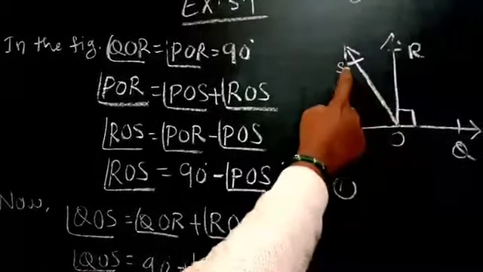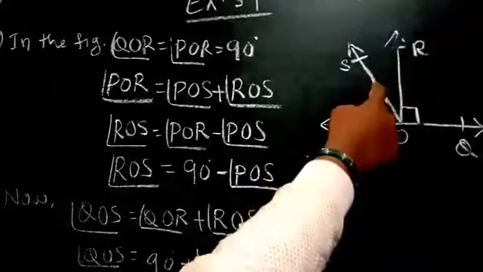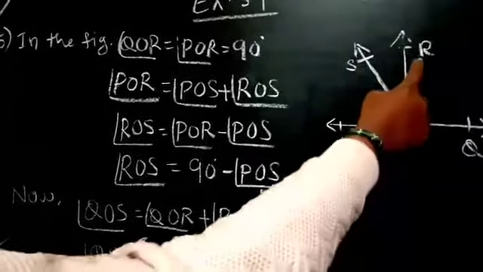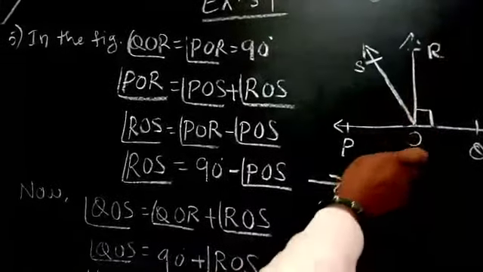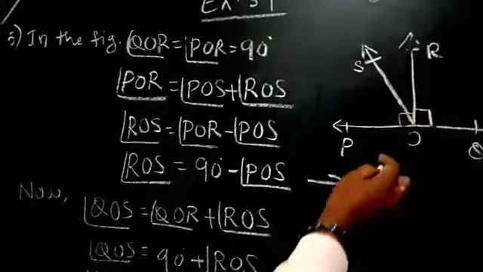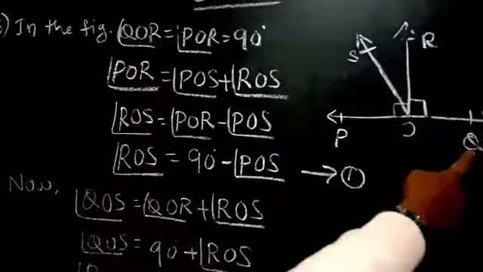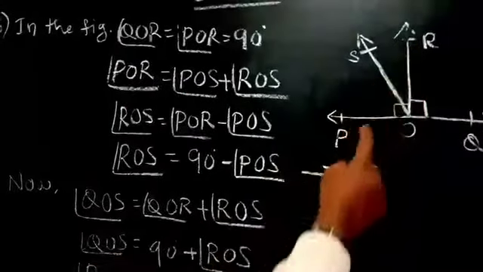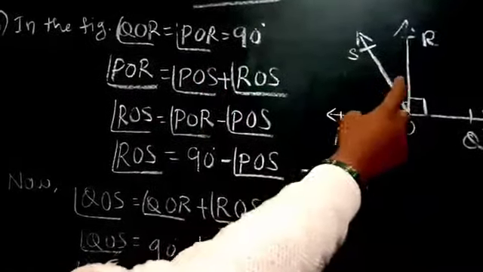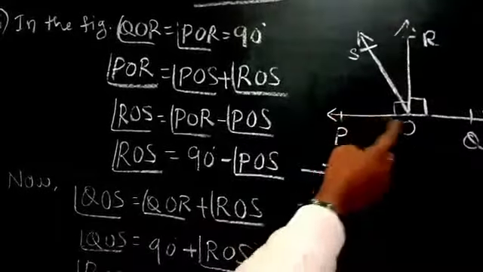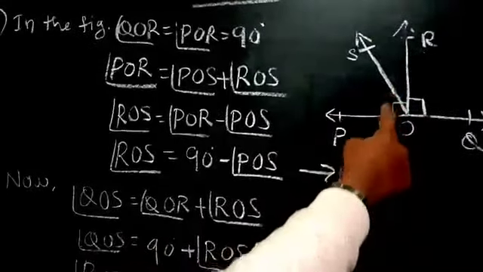Then OS is a line connecting with ROP. But ROP also is 90 degrees. Then QOR and POR are 90 degrees. Then only we want this side. So POR, if we need it, this angle and this angle we can add.